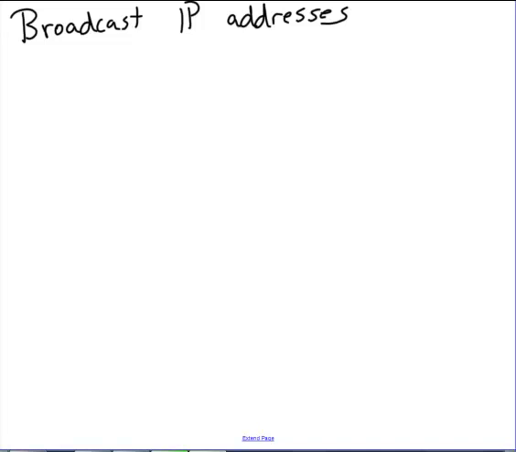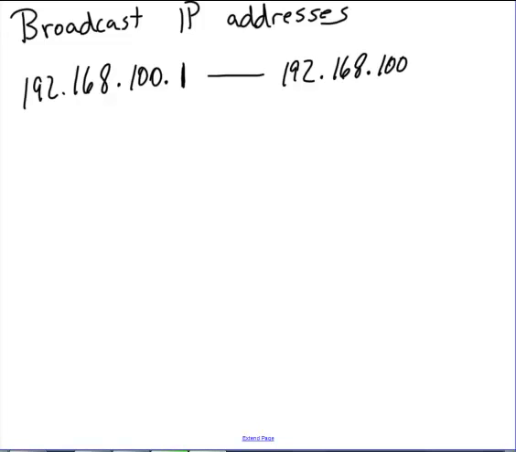So you may have noticed when we were talking about subnetting for, say, this subnet, everything that begins with 192.168.100, the range of allowed values actually goes from 192.168.100.1 up through 192.168.100.254.